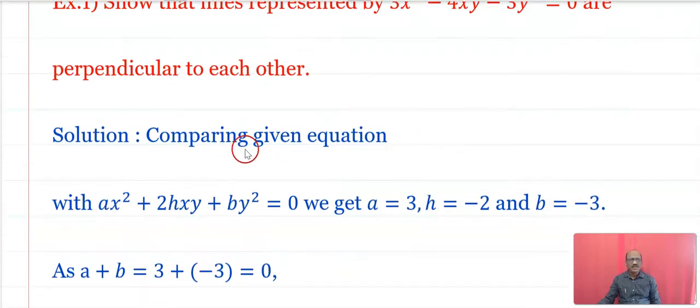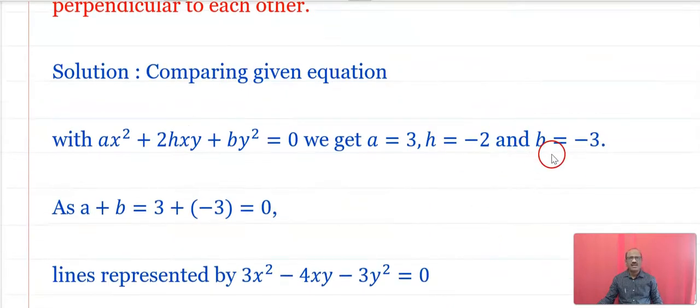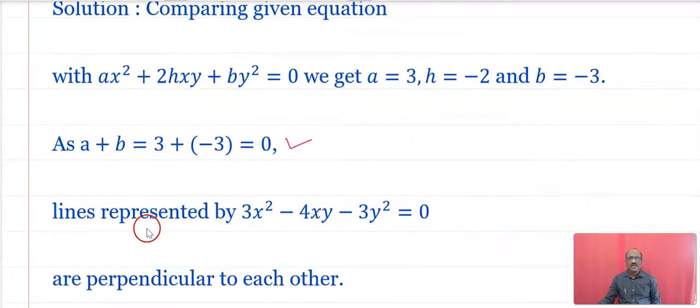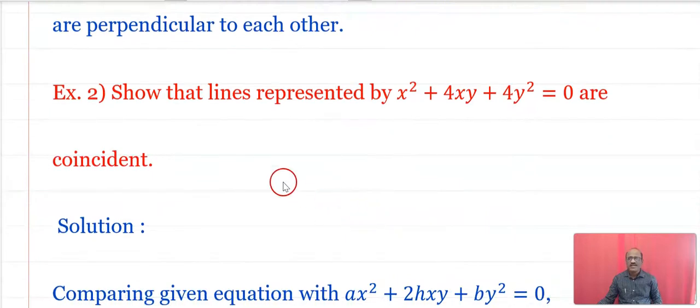Clearly, comparing this equation with our standard equation ax² + 2hxy + by² = 0, you will get a = 3, h = −2 and b = −3. Here a + b = 3 + (−3) = 0, and therefore the lines are perpendicular to each other. Next question.